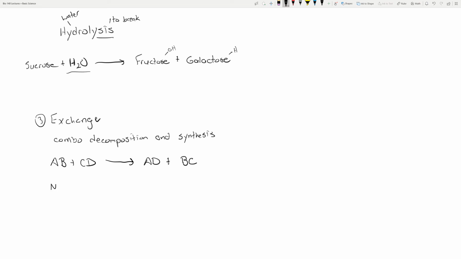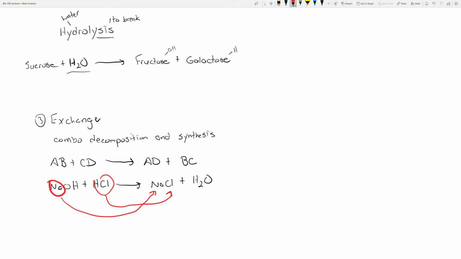If you have sodium hydroxide, NaOH, and hydrochloric acid, HCl, and you mix them together, you're going to get sodium chloride plus H2O, water. You take the sodium hydroxide and combine the sodium with the chloride.